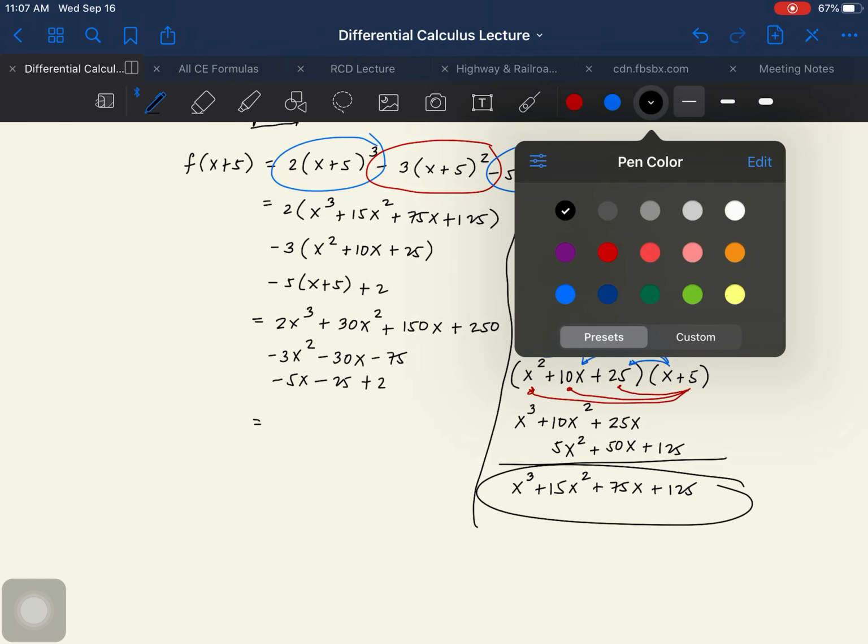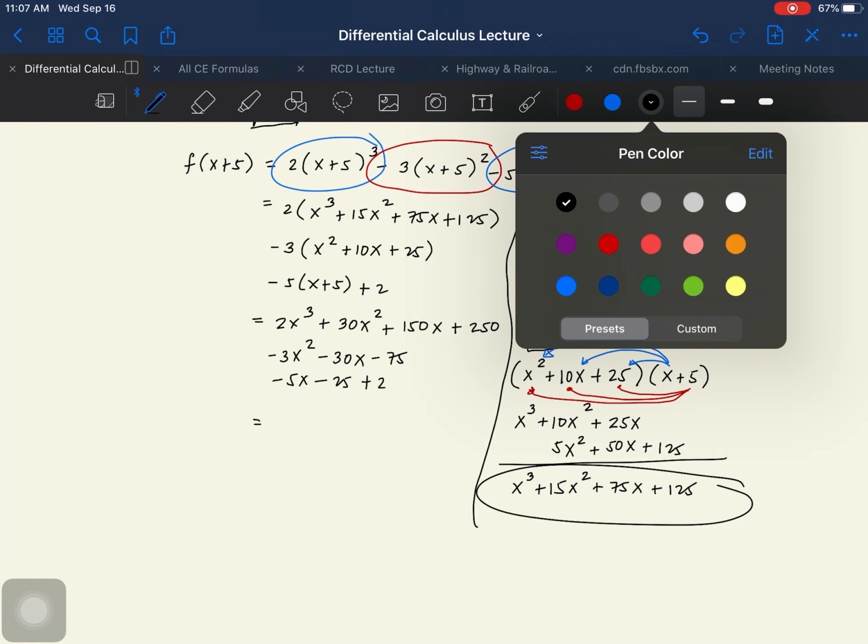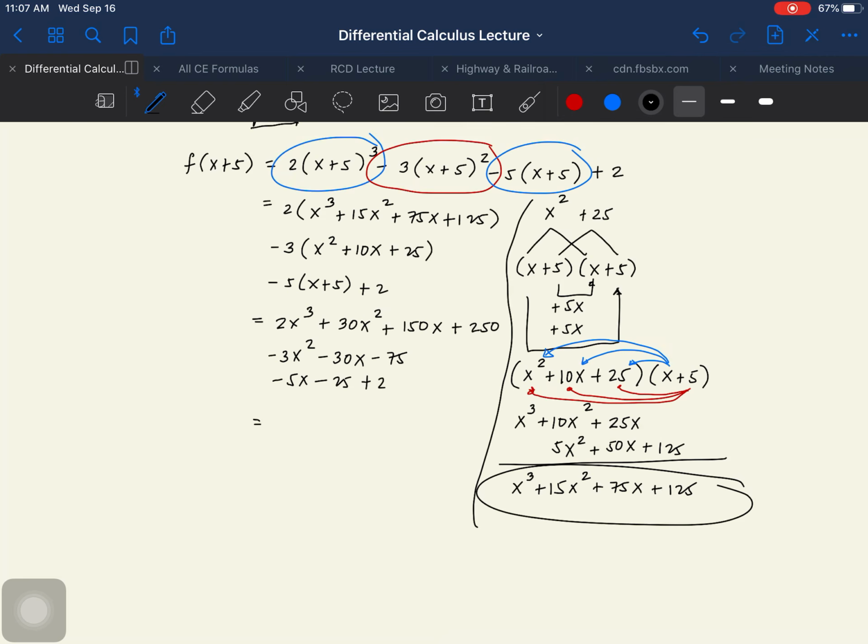So here, for example, we are using only black. Is there any term here similar with 2x cubed? None. So let's write here 2x cubed.